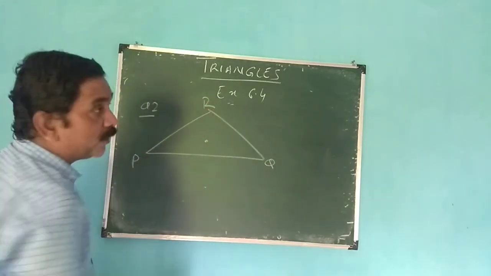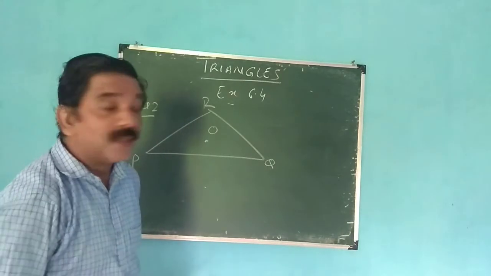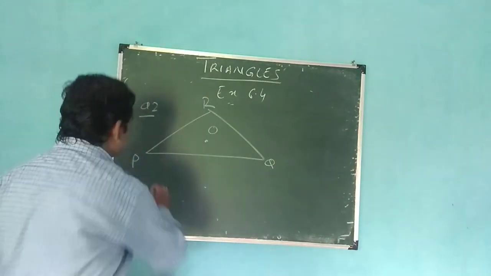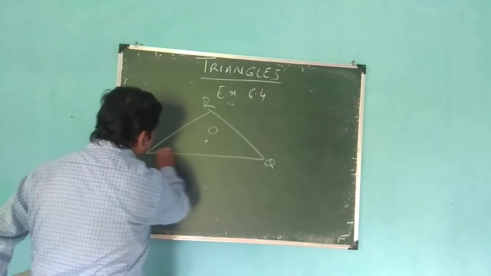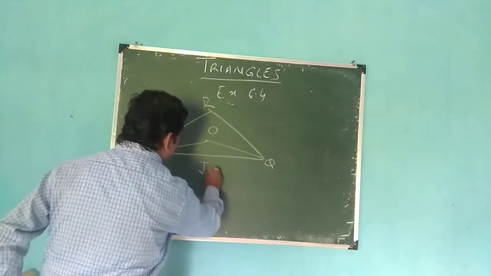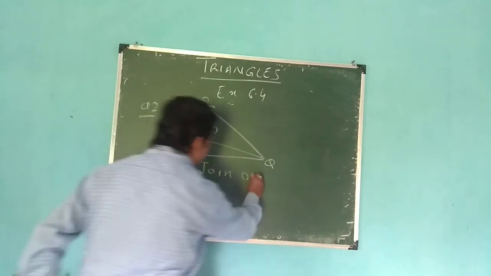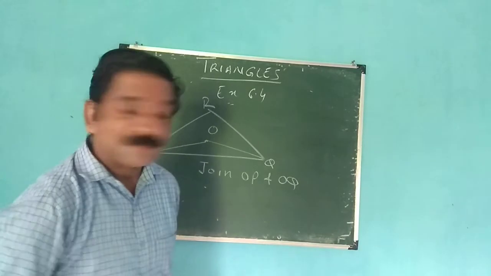This is a triangle PQR and there is a point inside the triangle, the point is O. Now let us join this point. Let us join OP and OQ. Clear?